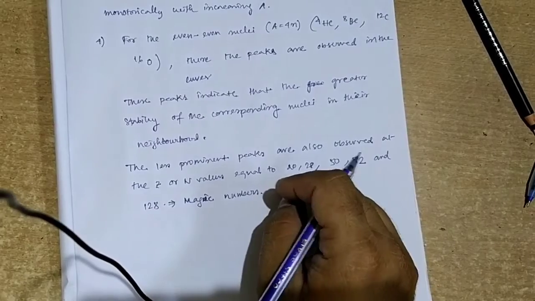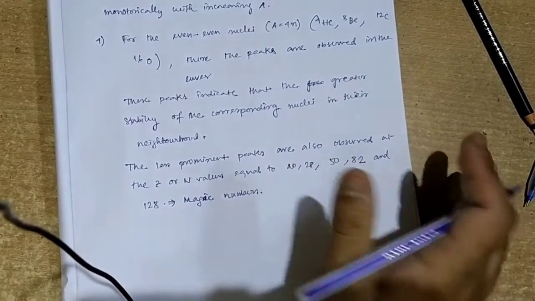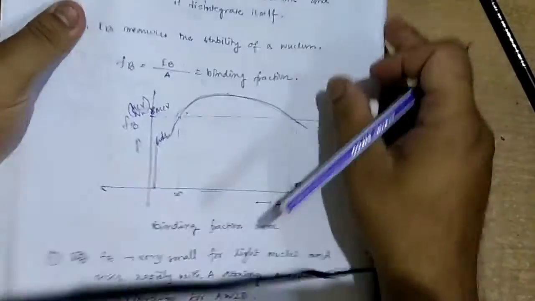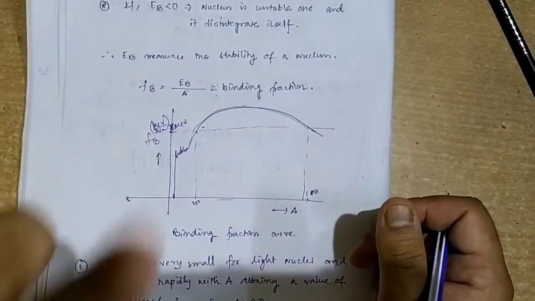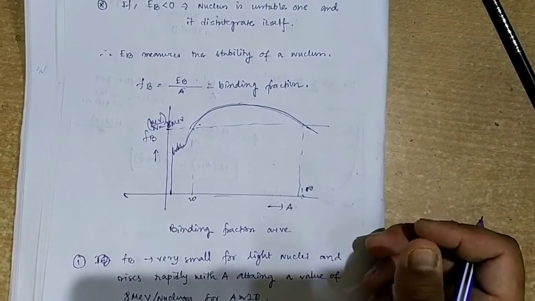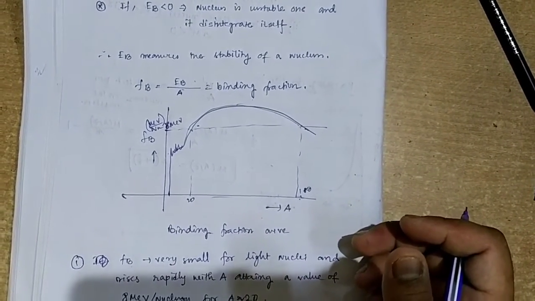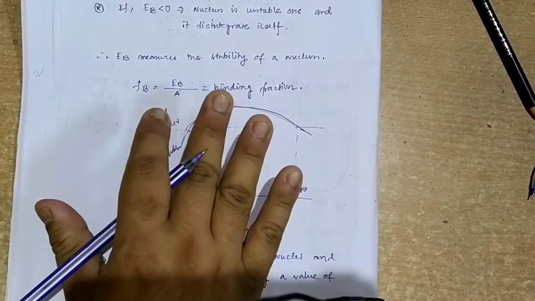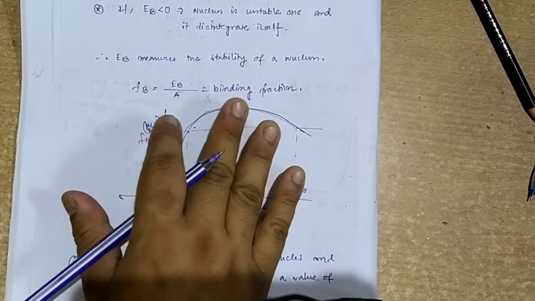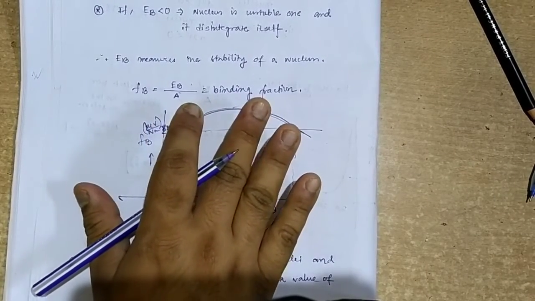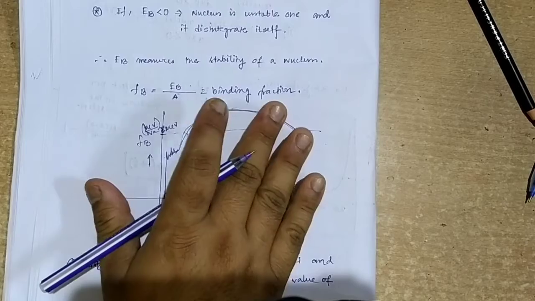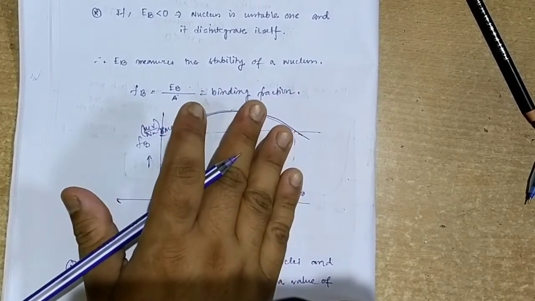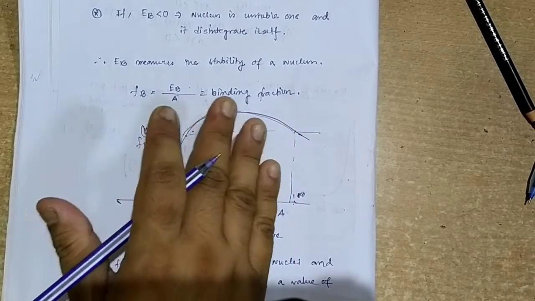Okay, and thus we can describe the binding energy curve. This binding fraction curve is actually very important. With the help of it, it is possible to explain in a quantitative manner the reason for the alpha disintegration of heavy nuclei, as also for the energy release in nuclear fission and nuclear fusion processes.